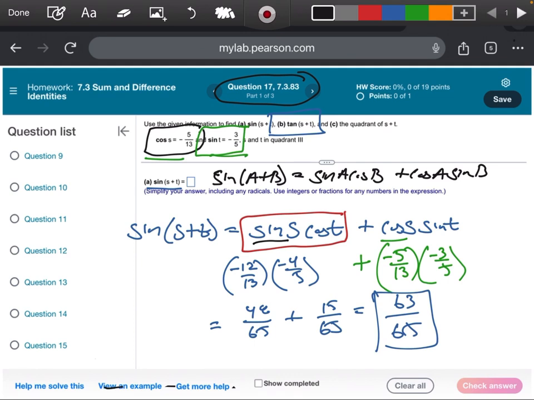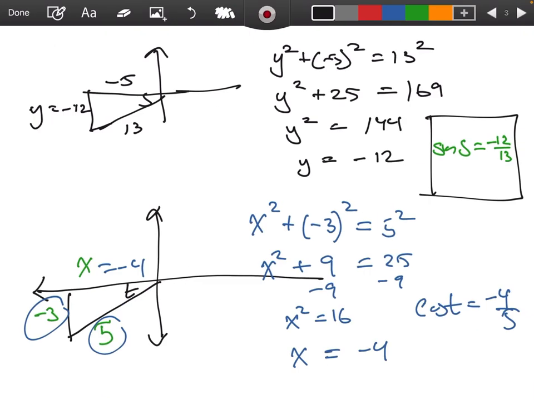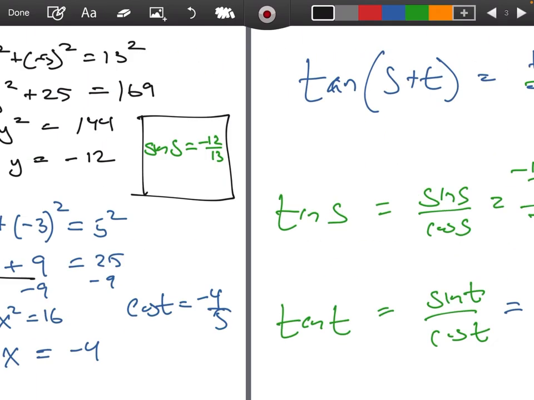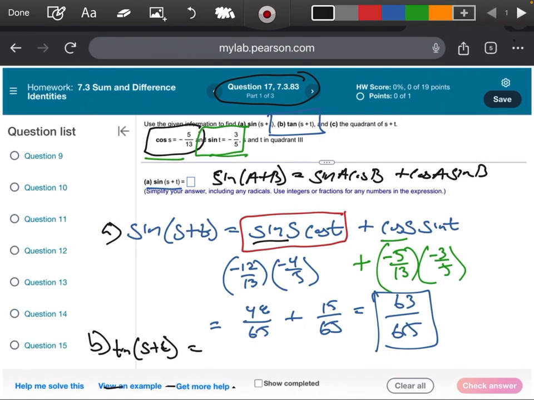So there's A. For B, we said tangent of s plus t, just found that to be 63 over negative 16, or negative 63 over 16.